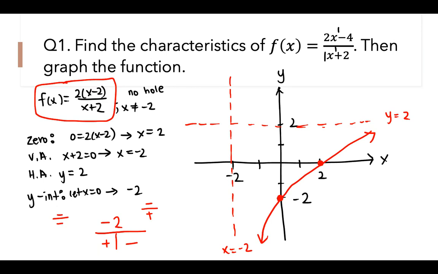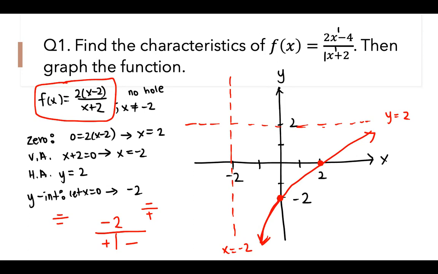So it makes sense. Anything after -2 is going to be below the x-axis, but anything before -2 is going to be above the x-axis.